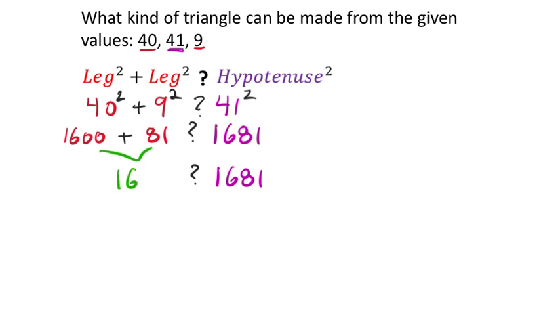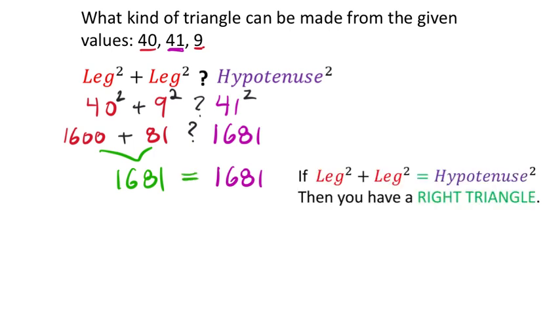That's going to give me 1,681. So as it turns out, the values that we have here are exactly the same. So I can throw in there an equal sign, and if they are exactly the same, meaning equal, that means we are looking at a right triangle. If you had lengths of a triangle like this, you would in fact have a right triangle.